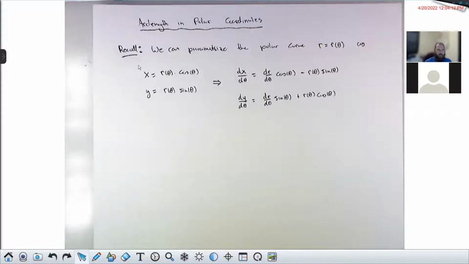Just taking the derivative of each of these with respect to theta. We had to use the product rule. We did this all last time.